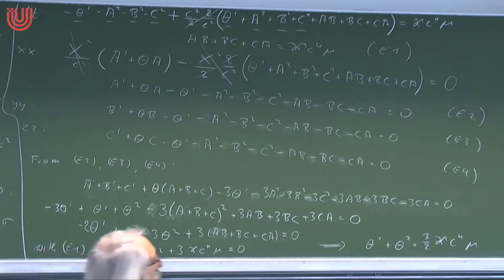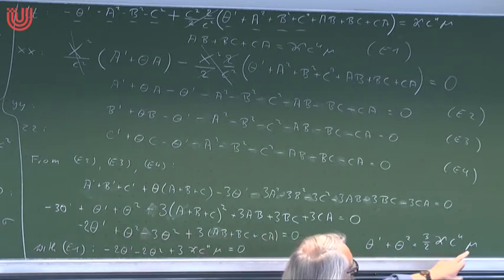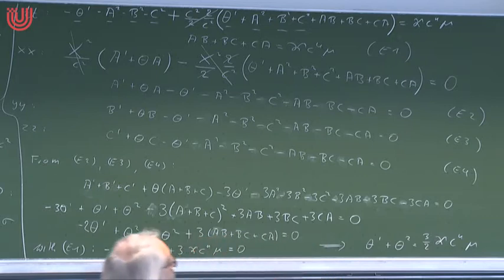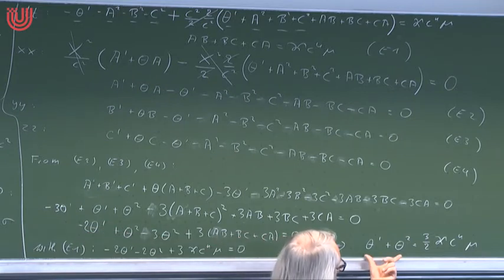Okay, so we have at least eliminated the individual terms A, B, and C. We still have the mu in the game, which we don't know. So how could we get rid of the mu? Well, the idea is to take the derivative of this expression.